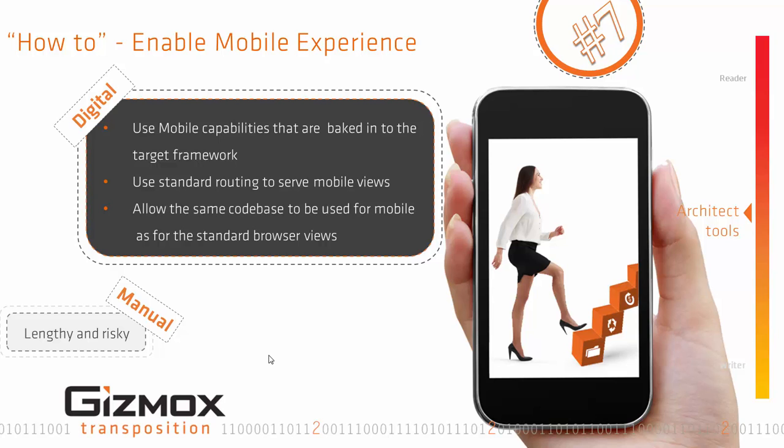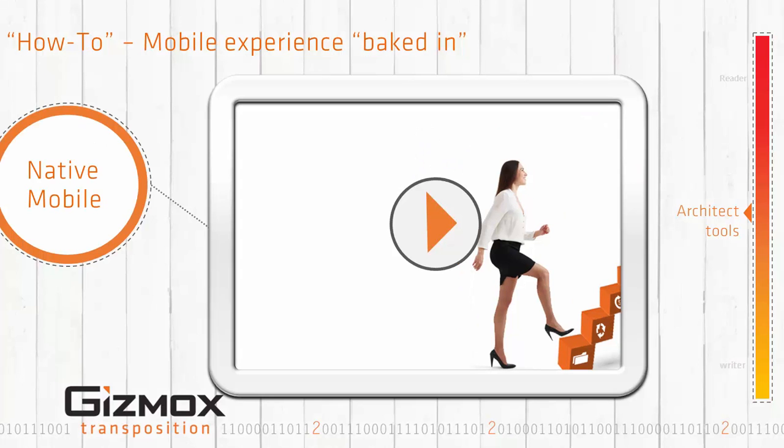In other cases, using standard routing to serve the different mobile views using the built-in switcher that we will show, and allowing the same code base, the same business logic, to be the basis for the different form factor experiences. Doing all of this manually would be very lengthy and risky. So let's go look at a demo of the mobile capabilities and how they are achieved in the delivered solution.